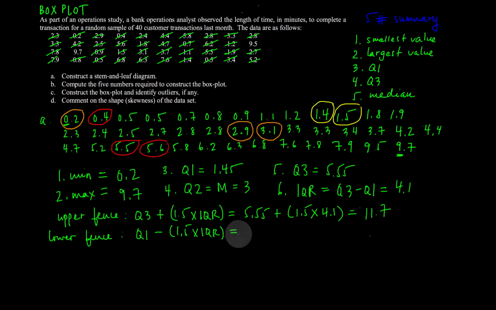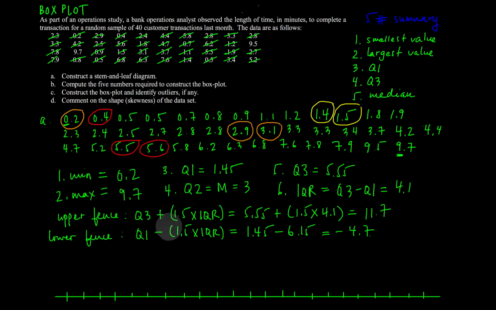So this is going to give us 1.45 minus 6.15, which is 1.5 times the IQR, for a total of negative 4.7. Okay, so now that we have our two fences, our IQR, our three essential quartiles, our max and our min, we can go ahead and draw our box plot.